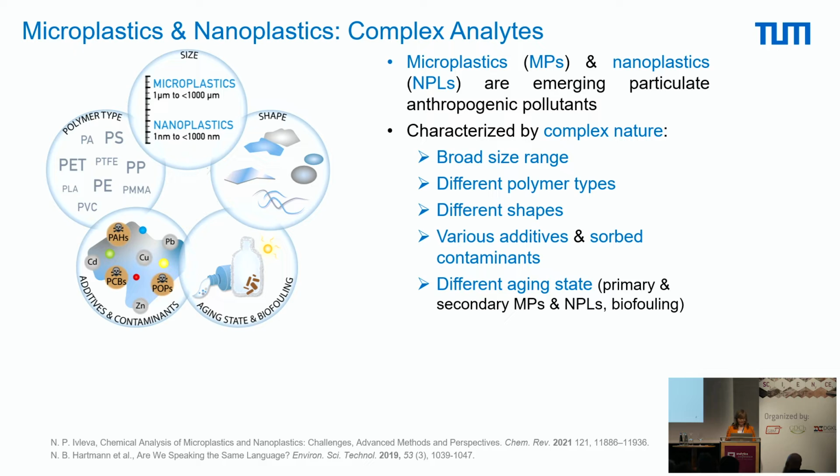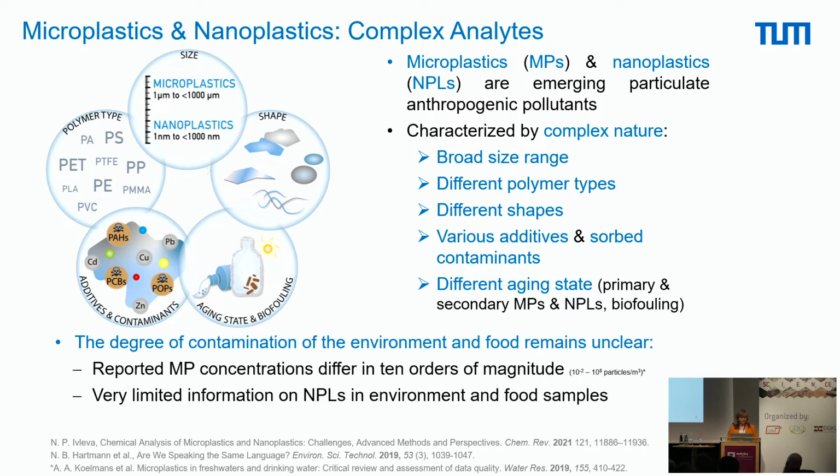and degradation. This complexity may explain why the degree of contamination of the environment and food, especially with small particles, is still unclear. The reported values for microplastic range over 10 orders of magnitude, from less than 1 particle up to 100 million particles per cubic meter.